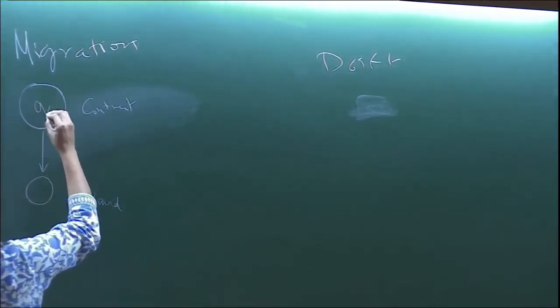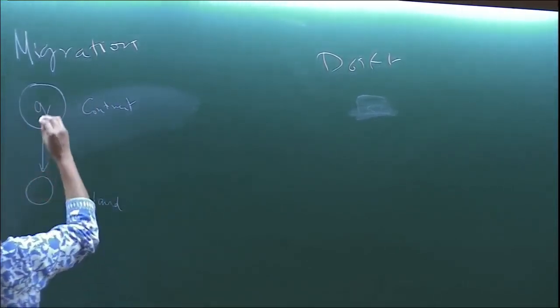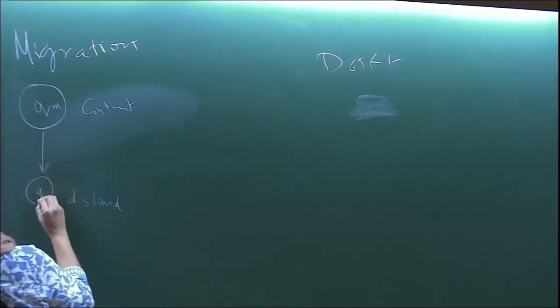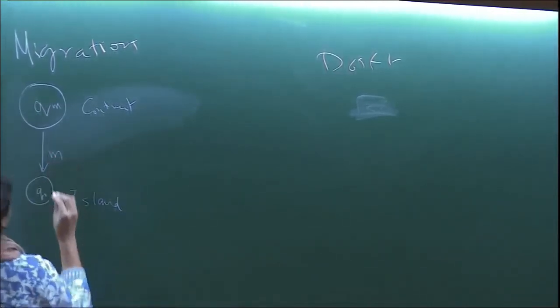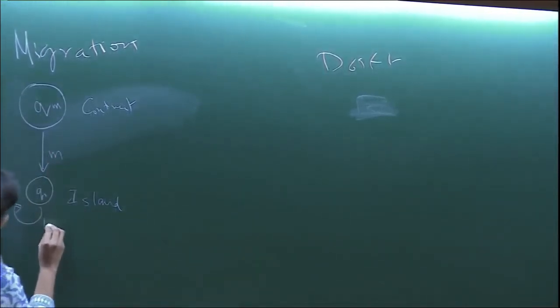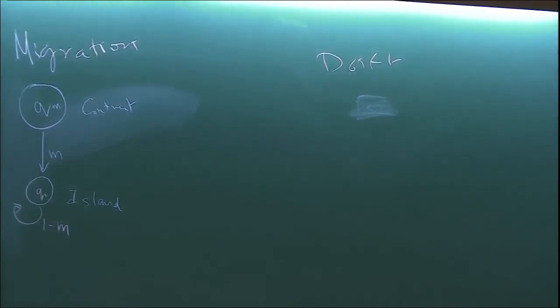The allele frequency here is Qm, the allele frequency here is Q0. So, migration rate is M, this is 1 minus M, individuals on the island are natives. On the island, total number of individuals is 1, proportional. 1 minus M are natives, M are migrants.